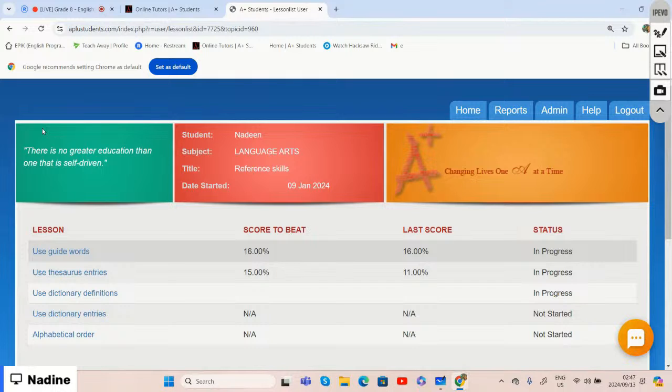So we said using guide words you'll find in dictionaries or thesauruses, but when it comes to a dictionary entry, dictionaries give you the word as well as the definition of the specific words, right? Whereas with the thesaurus entry, they give you the word, parts of speech, as well as synonyms. So the thesauruses mainly focus on synonyms, which are words with the same meaning or almost the same meaning to that word.